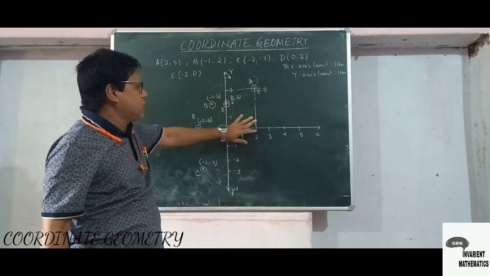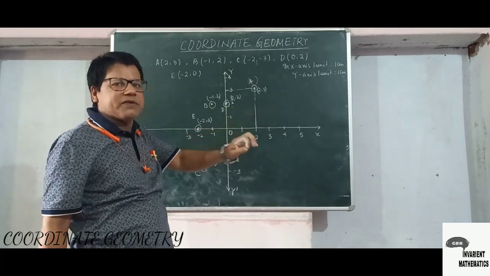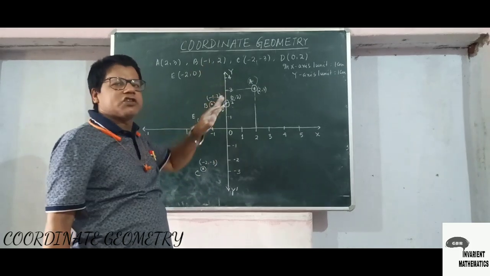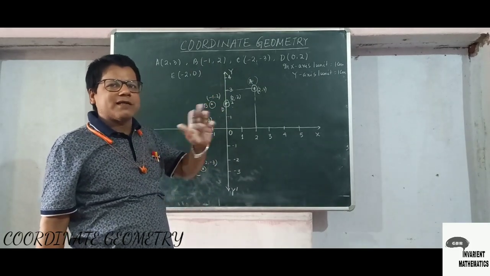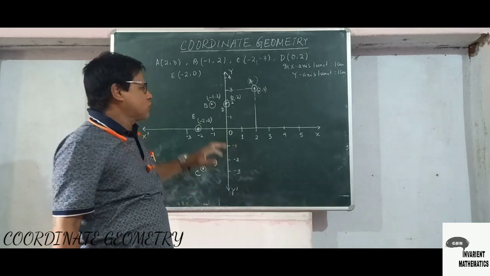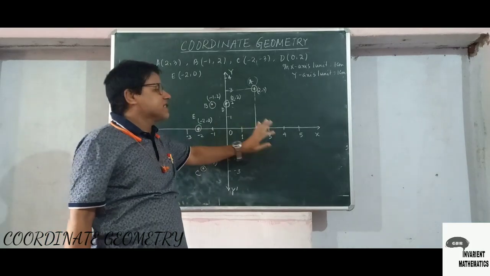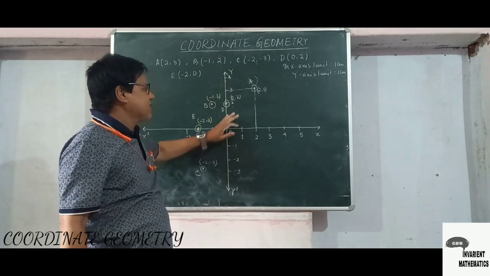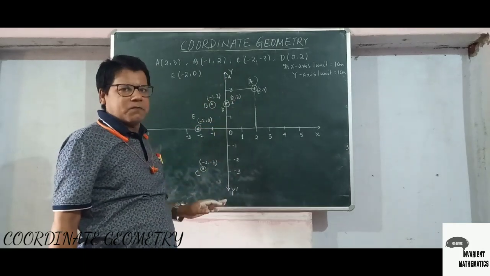When we draw two axes, in how many parts is the plane divided? It is divided into 6 parts, 4 quadrants and 2 axes. Any point lying on the x-axis has y coordinate 0, any point lying on the y-axis has x coordinate 0.